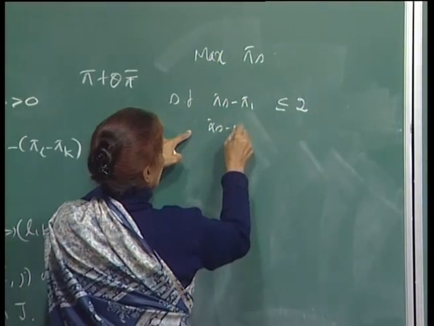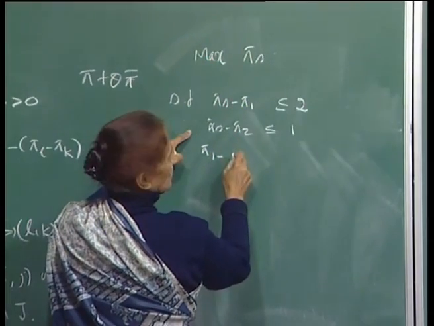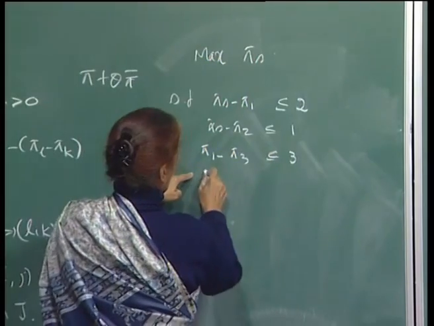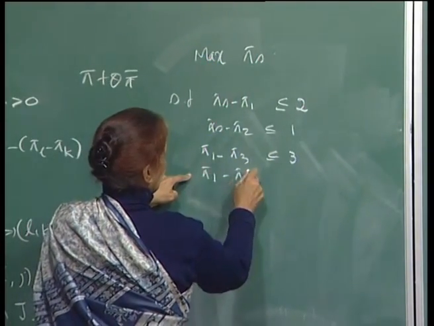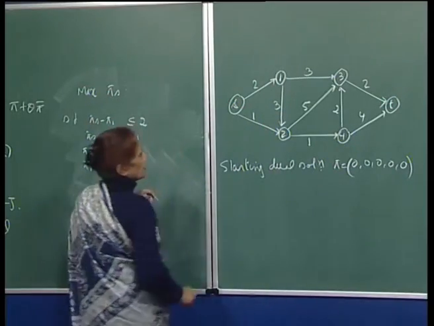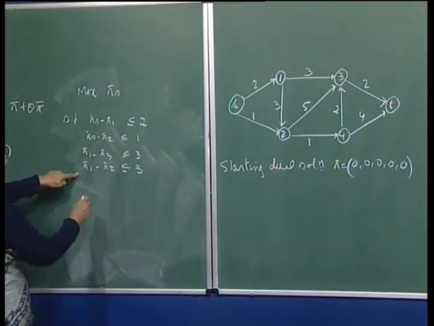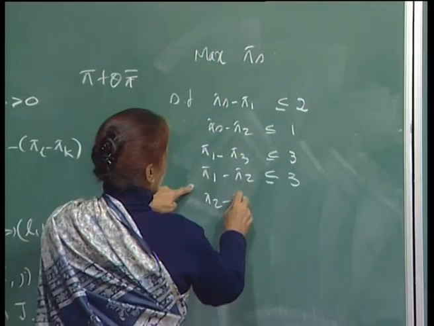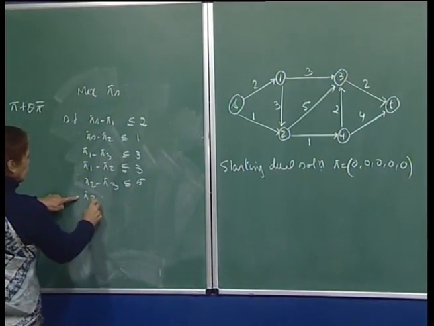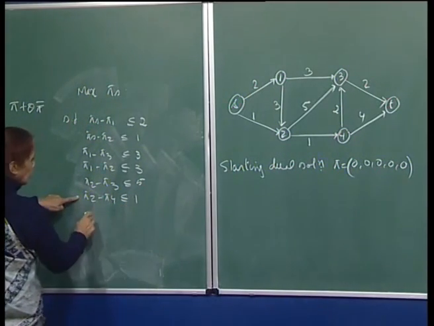Pi s minus pi 2 is less than or equal to 1, pi 1 minus pi 3 less than or equal to 3, then pi 1 minus pi 2 is less than or equal to 3 for the arc 1 3. Then you have 2 to 3, so pi 2 minus pi 3 is less than or equal to 5, pi 2 minus pi 4 less than or equal to 1.